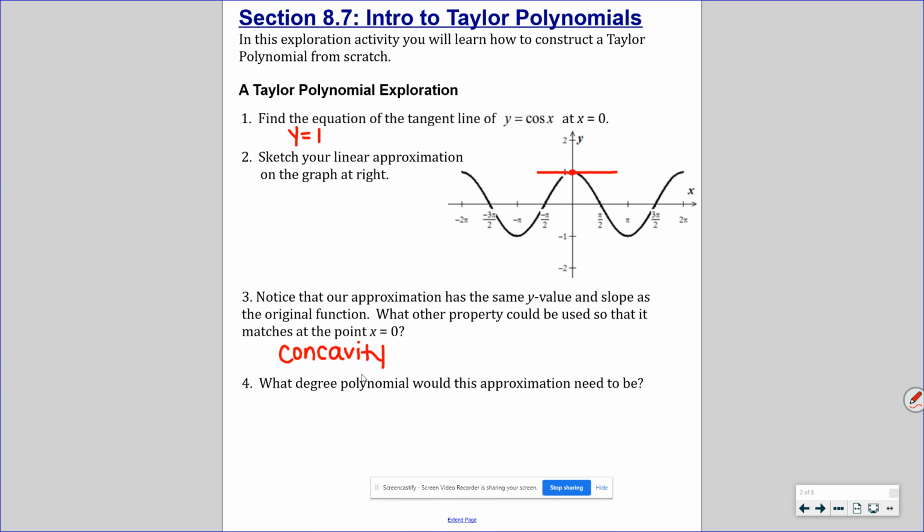If I wanted the concavity to match the concavity of the cosine function in this region, I would need a second degree polynomial, because if you zoom in on the cosine function right here, it looks like a quadratic. Quadratics are second degree.